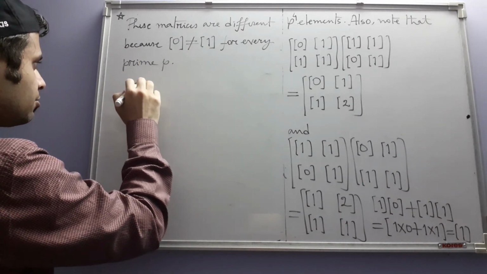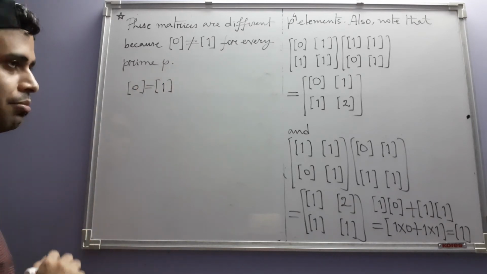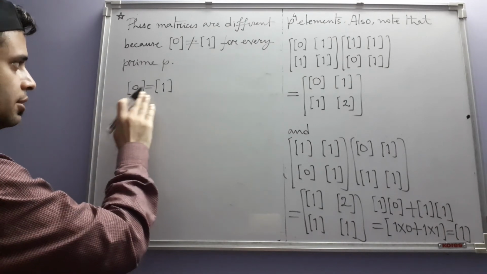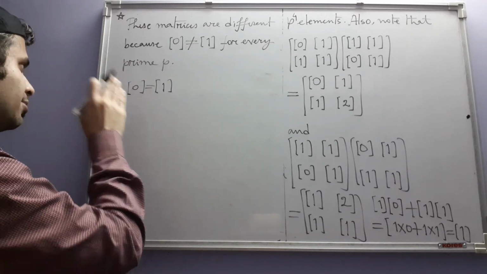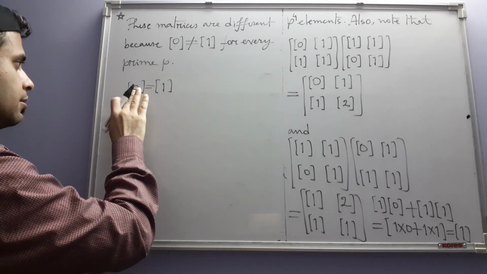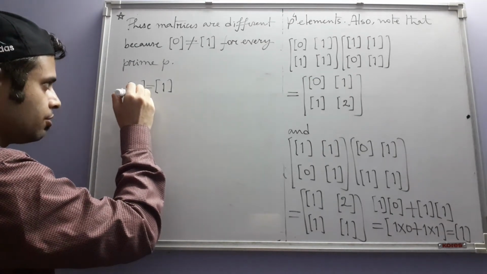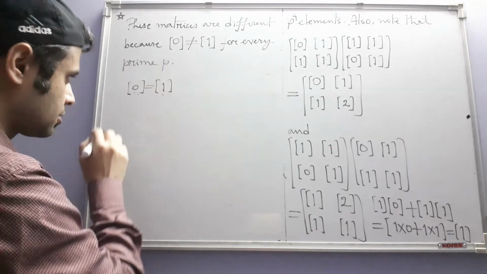If we want to have 0 is equal to 1, what does that mean? These are congruence classes. So if these two are equal, then every congruence class that is represented by an element contains that element. So 0 belongs to this congruence class, so that means 0 also belongs to this congruence class.